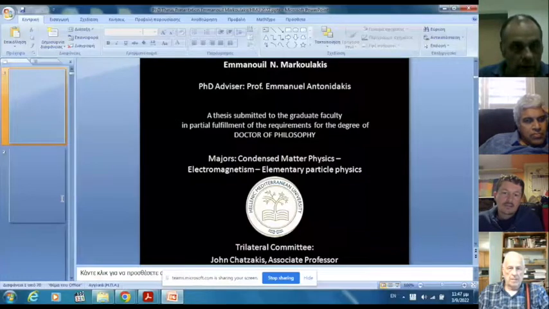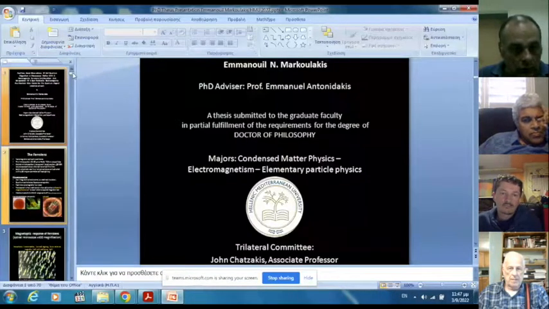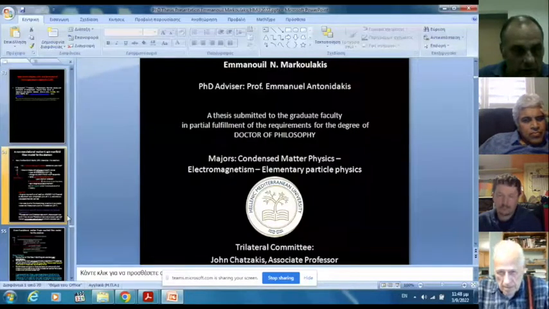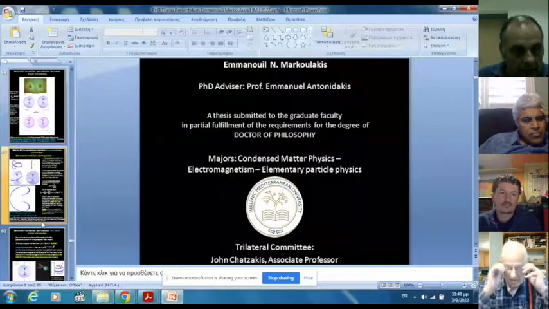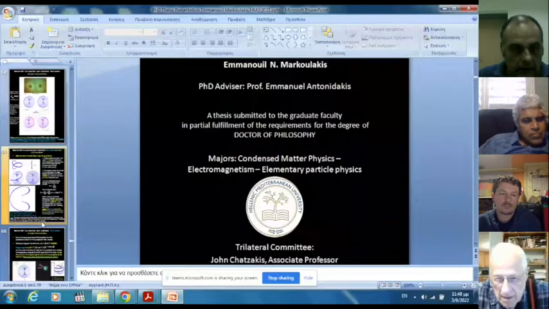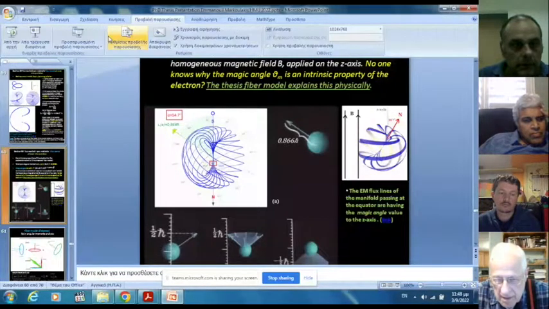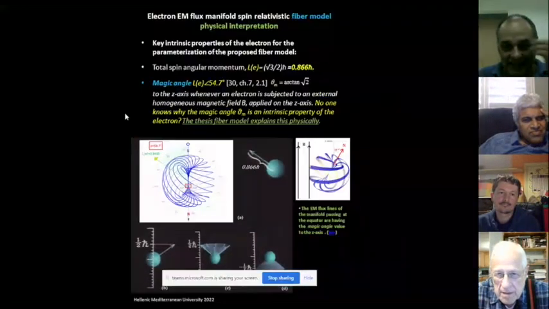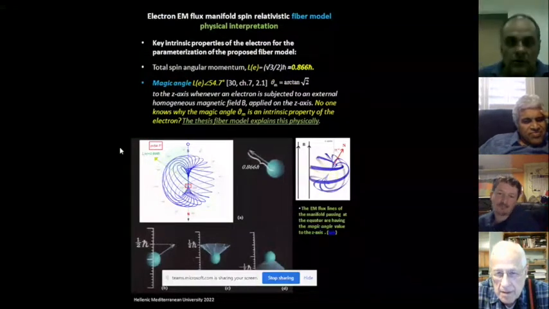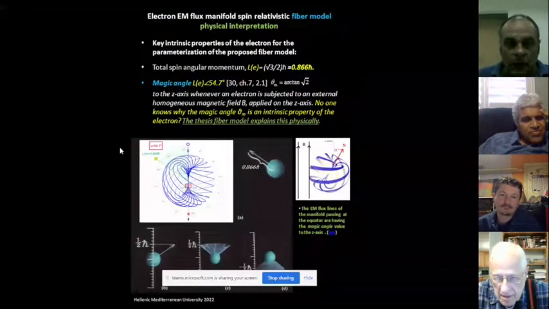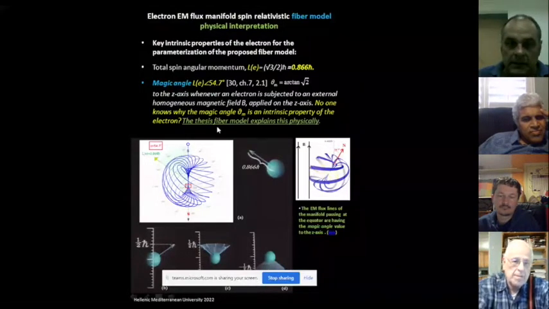Because now you have prompted me to answer this, it's actually an observation. You remember this slide here about the magic angle, which comes up and is fixed.